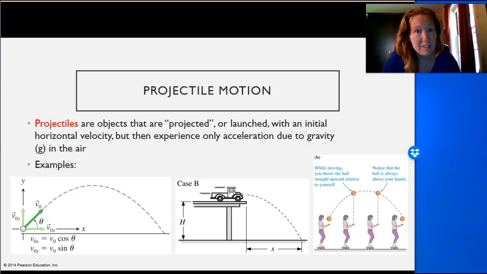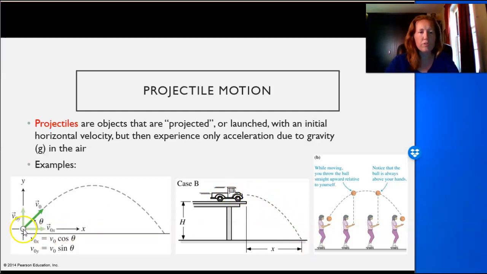That was free fall. If it's launched at 0 degrees, basically horizontally, then it has to be launched off of some kind of cliff or table, and then it's only going to go down.